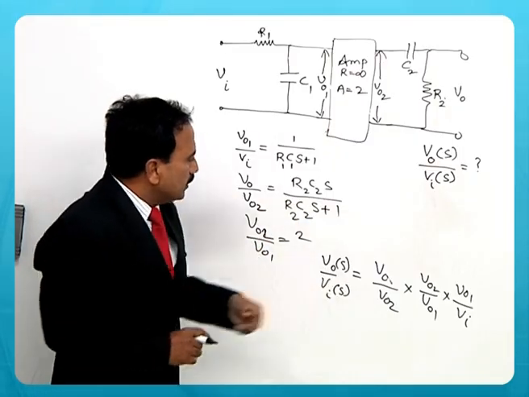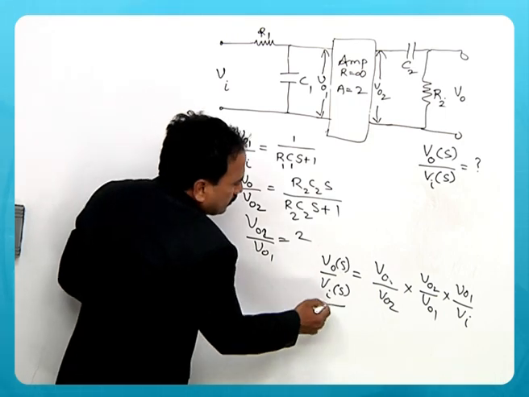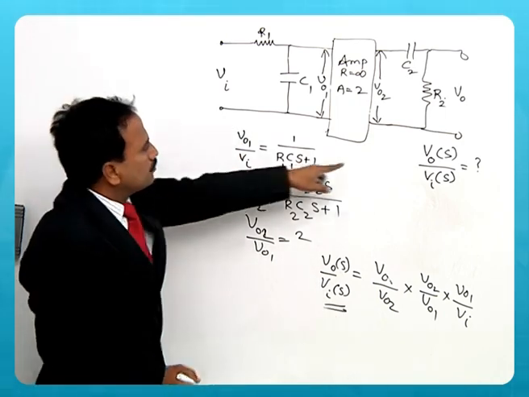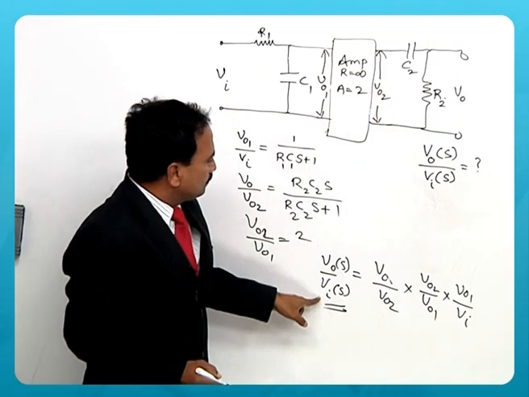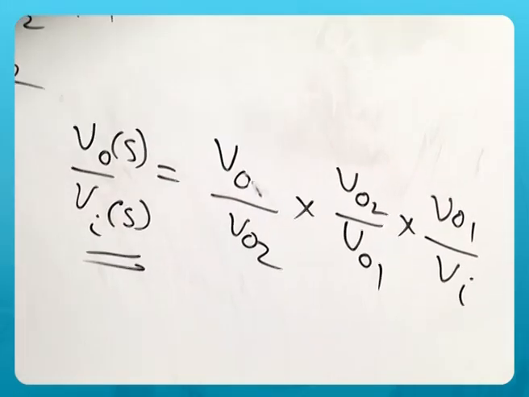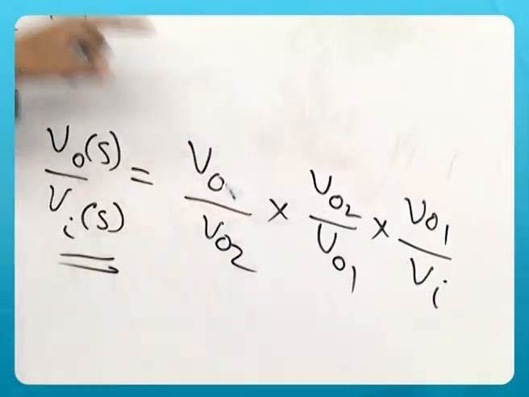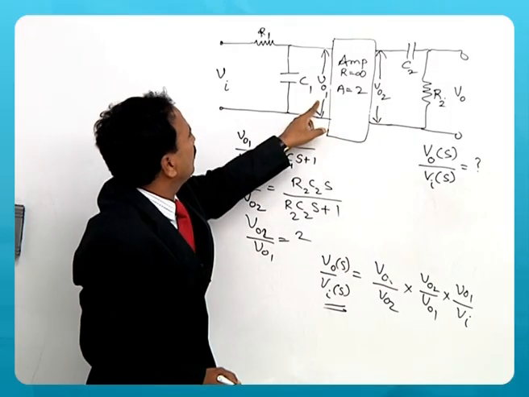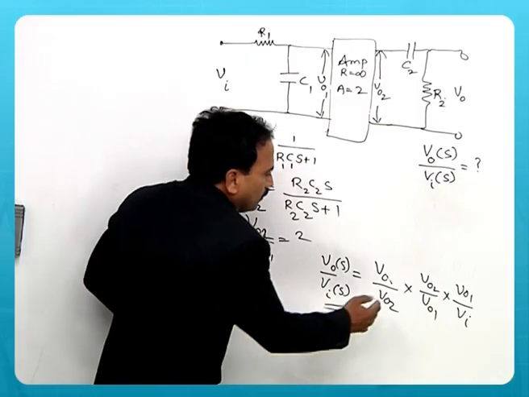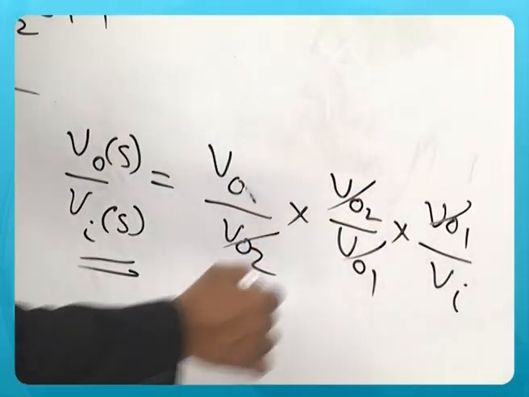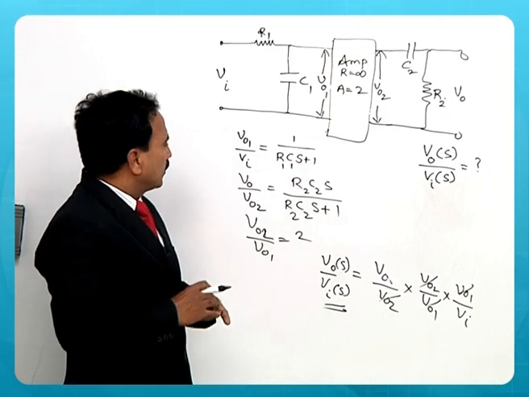So you can see now, to get the asked transfer function V0 of S by Vi of S, it is V0 by V02 for this circuit into V02 by V01 and V01 by Vi. So finally you get the transfer function.